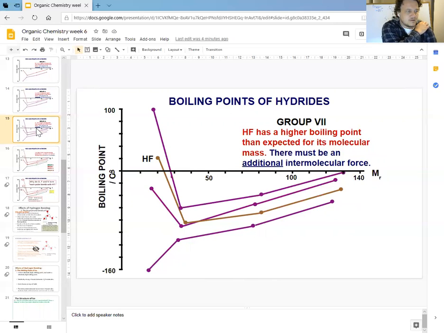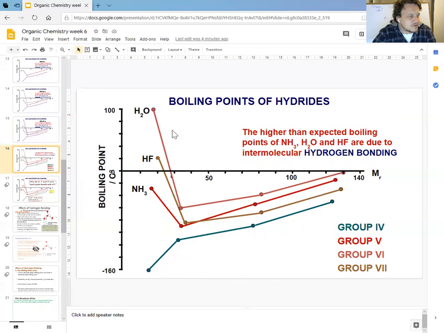So HF, again, hydrogen fluoride or hydrofluoric acid. It should really have a boiling point well into the minuses. It should be down here somewhere, if we're looking at this graph and following the trend in group 7.